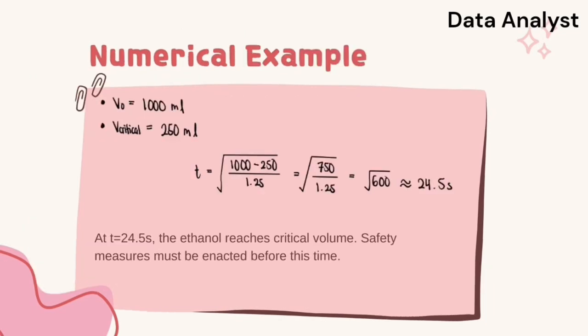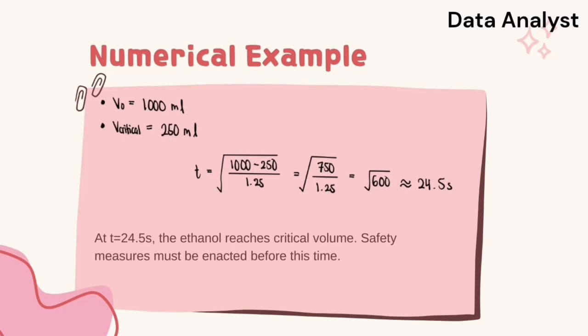After that, we are going to look at a numerical example. Let's say our V0 is equal to 1000 milliliters and our V critical is 250 milliliters. We take the equation we previously derived for the explosion risk, t equals the square root of (V0 minus V critical) over 1.25, and replace V0 and V critical with the numbers. So t is equal to the square root of (1000 minus 250) over 1.25.